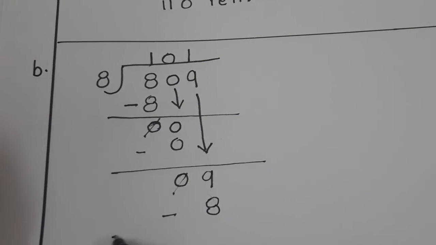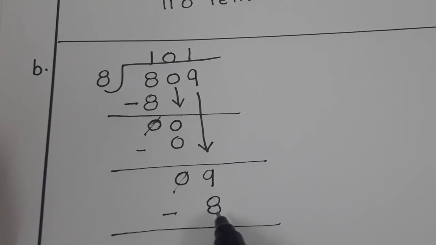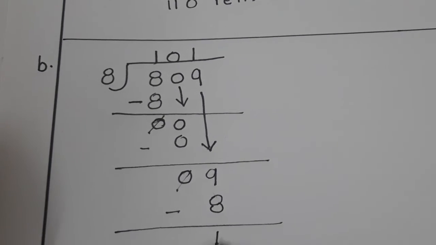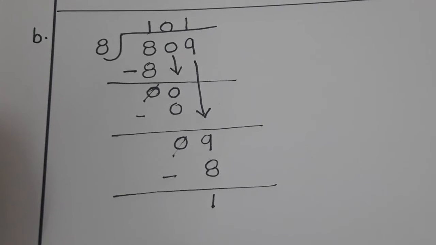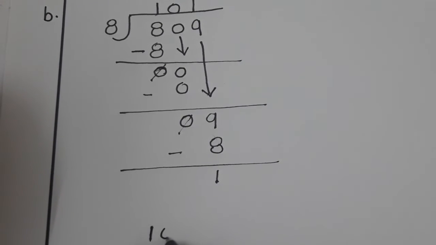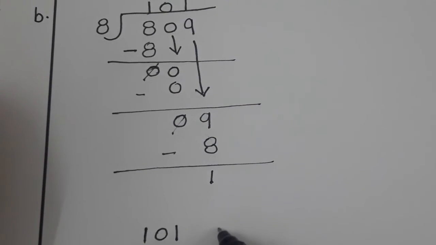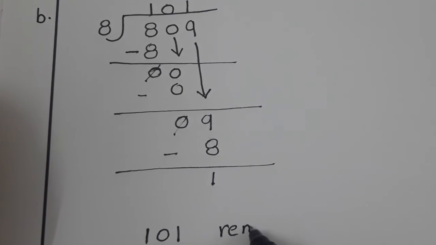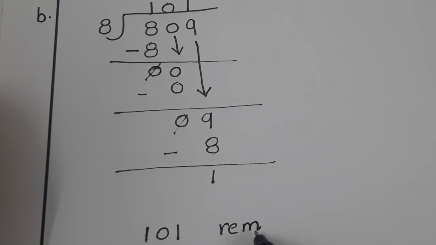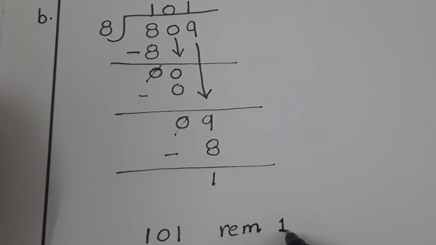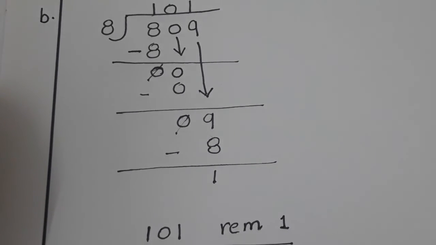Now we will subtract it, and 9 minus 8, 1. So 1 is our remainder. So how will we write the answer? 101 REM means remainder. This is the short form of remainder. Remainder 1. This is our answer.